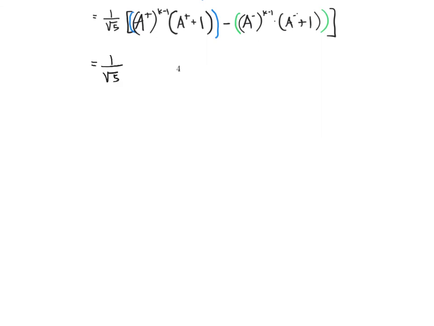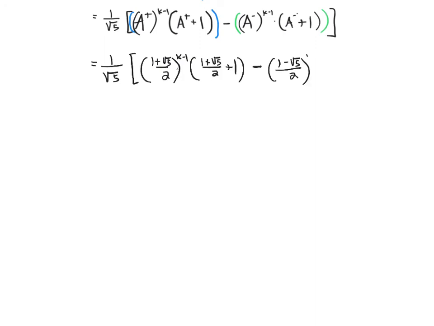So this becomes 1 plus root 5 over 2 to the k minus 1 times 1 plus root 5 over 2 plus 1 minus 1 minus root 5 all over 2 to the k minus 1 times 1 minus root 5 over 2 plus 1.